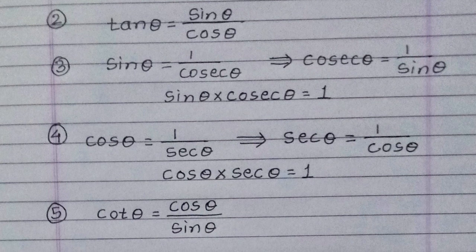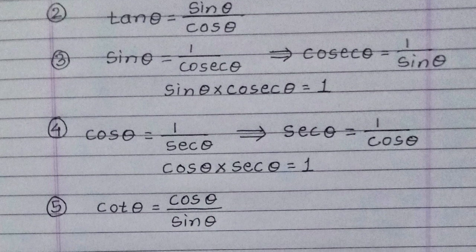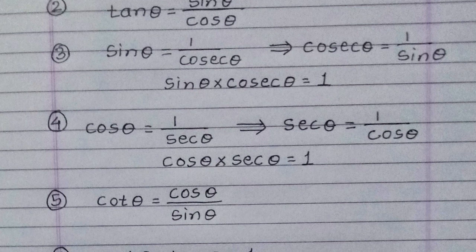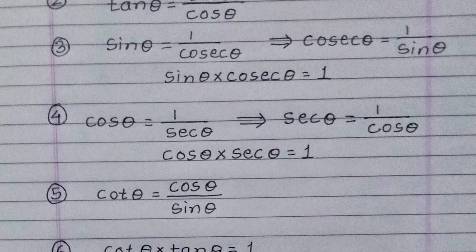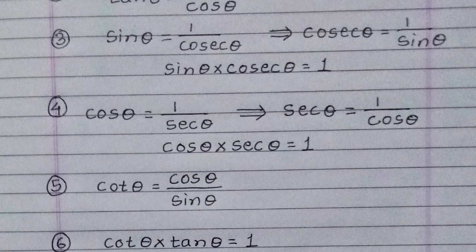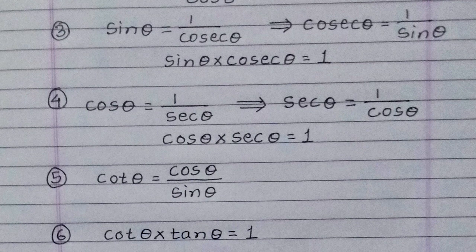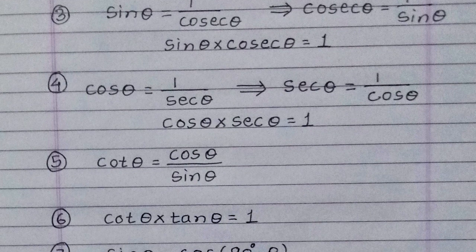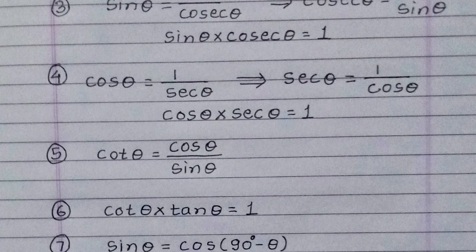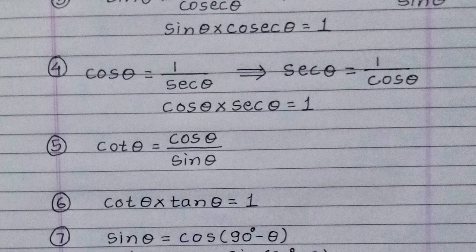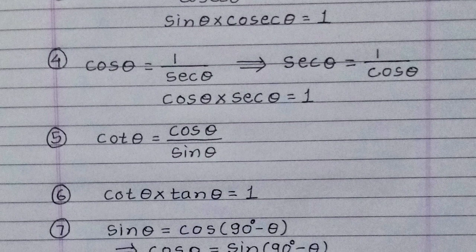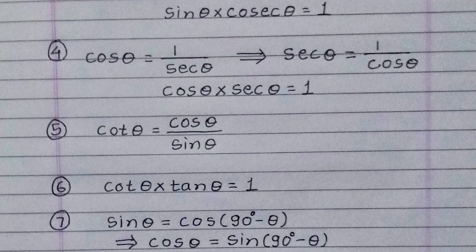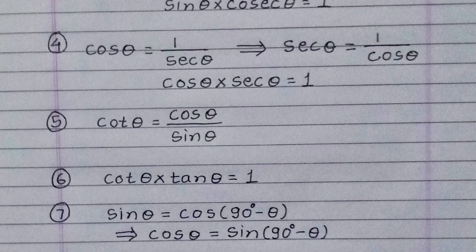Now, sine theta into cosec theta is equal to 1. Similar to that, cos theta is equal to 1 upon sec theta, or sec theta is equal to 1 upon cos theta. That means reciprocal of cos theta is sec theta, reciprocal of sec theta is cos theta. So, cos theta into sec theta is equal to 1.